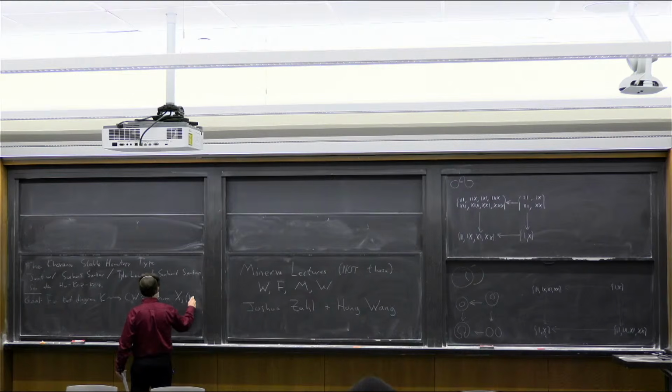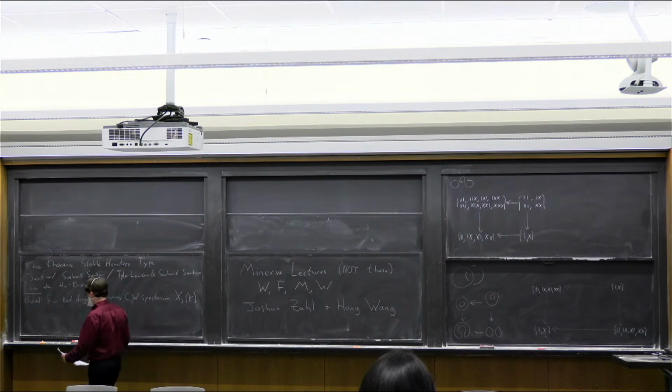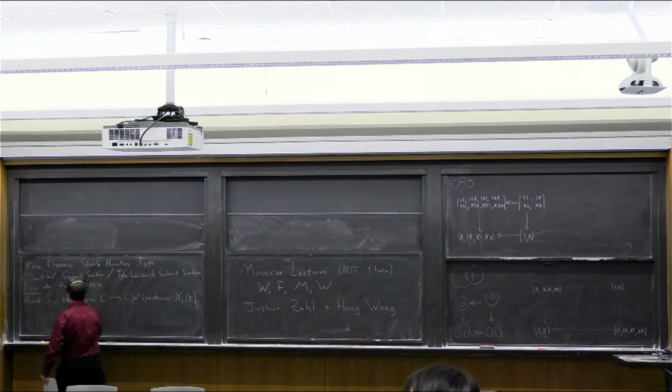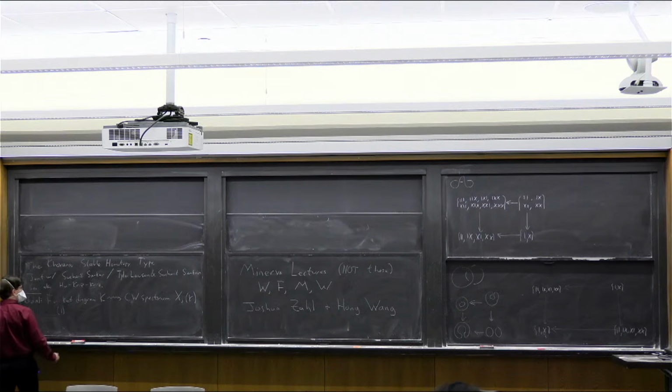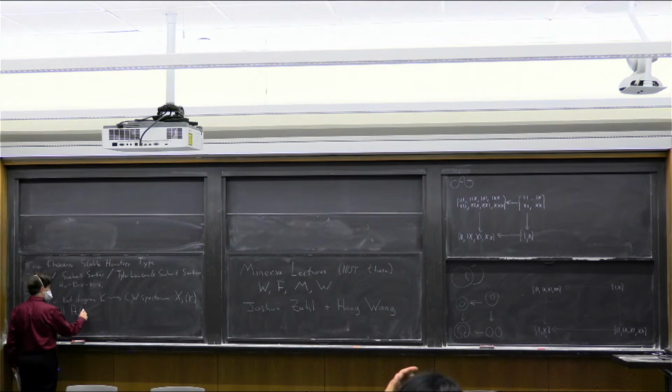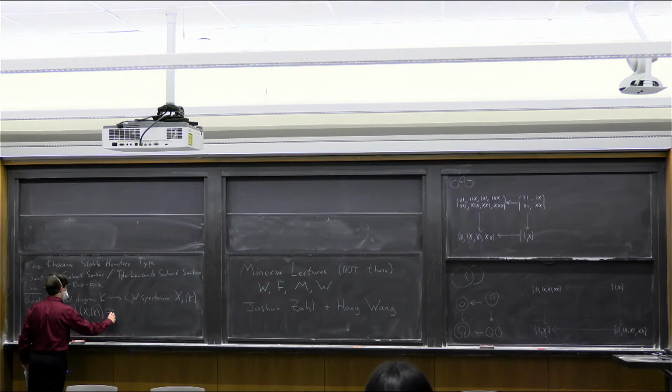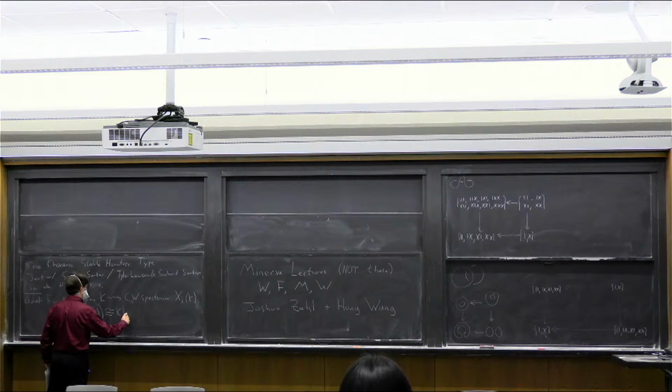X_j of K, such that one, if you take its ordinary reduced homology, H-tilde of X_j of K, this is the Khovanov homology of K, canonically.